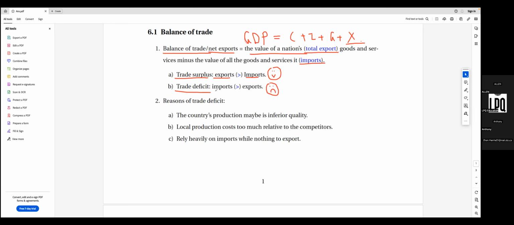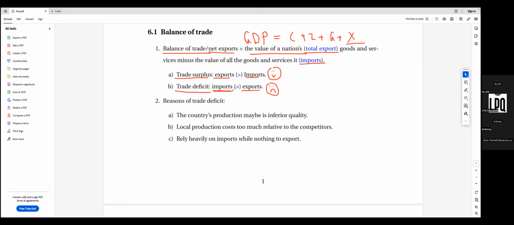In this case, importing value is greater than exporting value. So we domestic residents need to buy a lot of things made in foreign countries, but no foreigners want to buy goods and services made by our country.